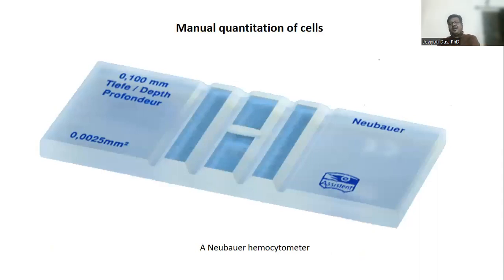Now we come to the next important practice in cell culture, which is manual quantitation of cells. How do you quantify your cells? You have trypsinized cells from a flask and centrifuged them, and you have a cell pellet, but what is the number of cells in that pellet?